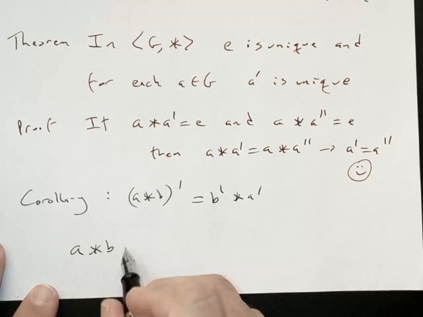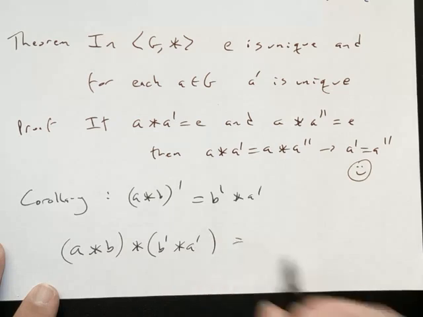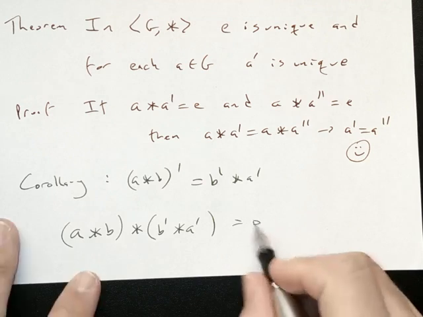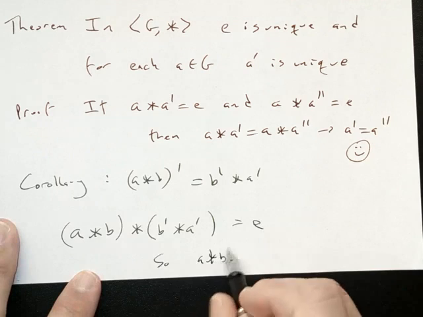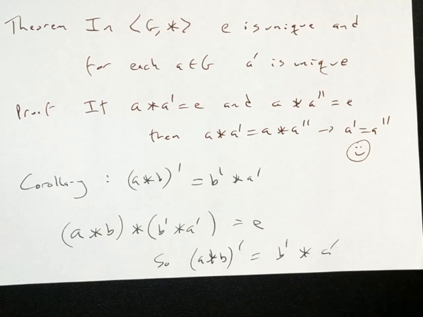Because A star B star B prime star A prime equals, I have to rearrange my parentheses, right? Associativity. So I take the B and the B prime and do those first. That becomes an E. It goes away. Then I have A star A prime. It goes away. Since an inverse must be unique, this is the one that works.